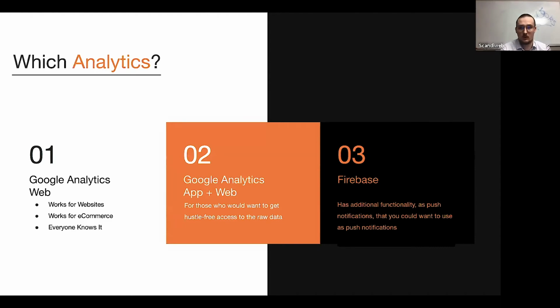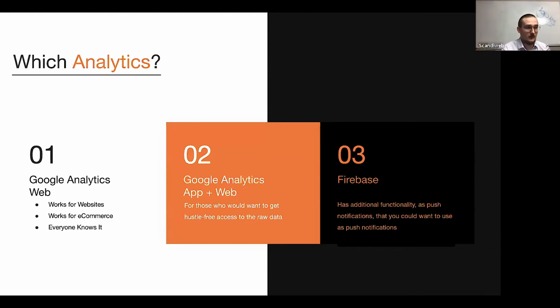So Google Analytics Web, well, it's kind of the classics. Most of the merchants are using it with enhanced e-commerce or without. Pretty handy tool. The thing is that a lot of people use it.